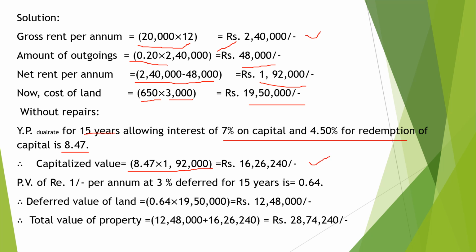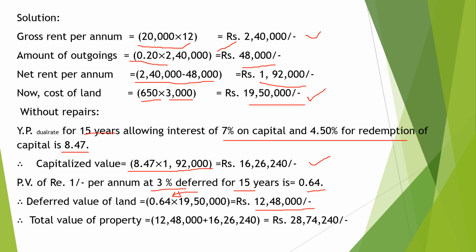So the present value factor at 3% for 15 years will be 0.64. So the value of land, which is 19,50,000, which we have to get after 15 years, its present value: you multiply 19,50,000 with present value factor 0.64, it comes out to be 12,48,000.